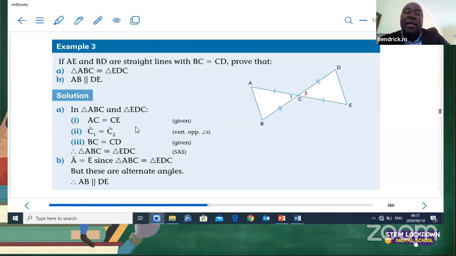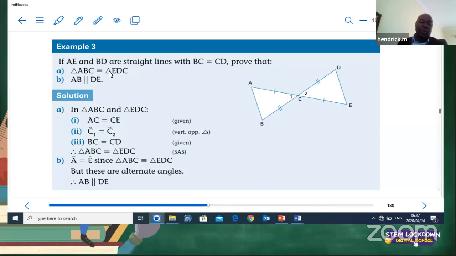Now let's look at the following example. We have got AE and BD, both of which are now straight lines. And of course, BC is equal to CD. We need to prove that triangle ABC is congruent to triangle EDC.